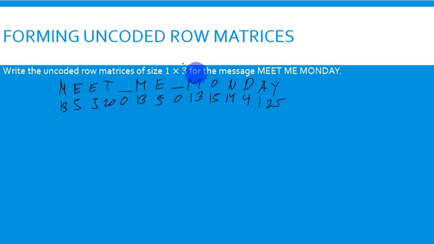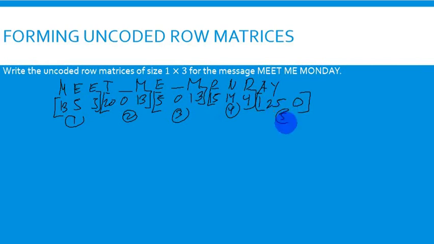Since we are required to have them in 1 by 3, I'm going to group them into 1 by 3 matrices. For the last one, since there's no more number but I still need a 1 by 3 matrix, I'll just place 0. So now I have 5 uncoded row matrices for my message "meet me Monday." This is what I would need to code.